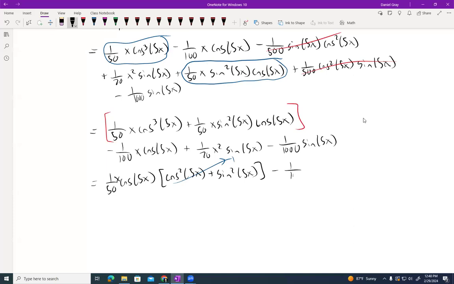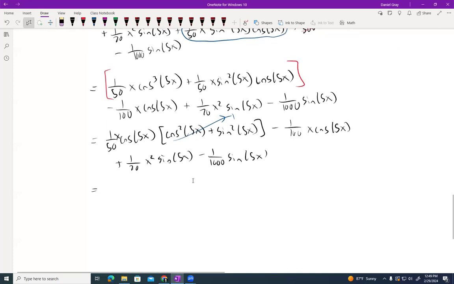So I have minus 1 over 100 x cosine of 5x, plus a 1 over 20 x squared sine of 5x, minus a 1 over 1,000 sine of 5x. And now let's see what we get after simplifying that. So I have a 1 over 50 x cosine of 5x, and I'm subtracting from that a 1 over 100 x cosine of 5x.